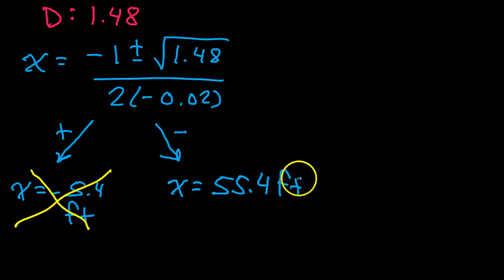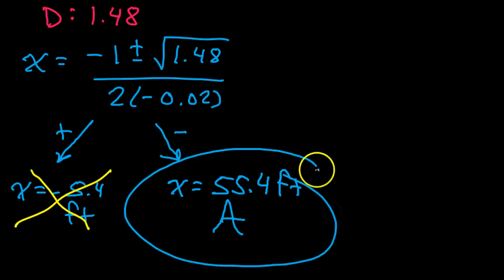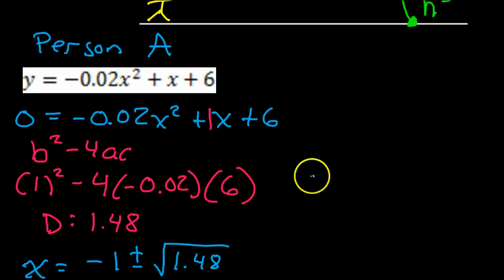That's person A, the total distance of the throw. Now let's do the same thing for person B.